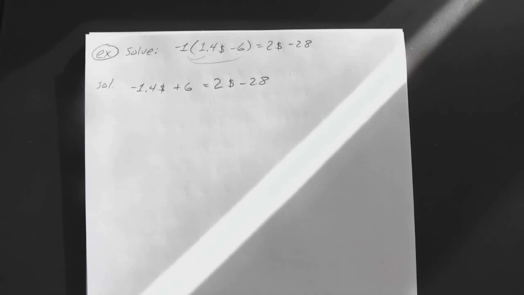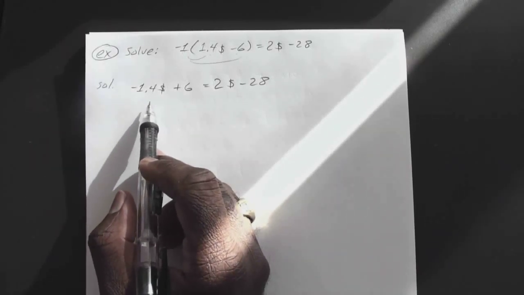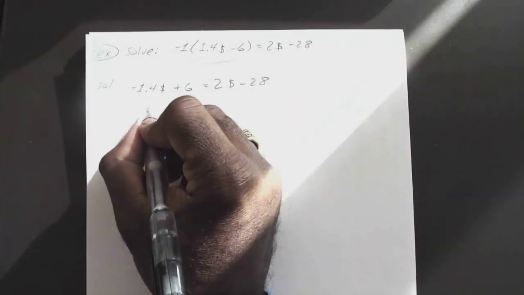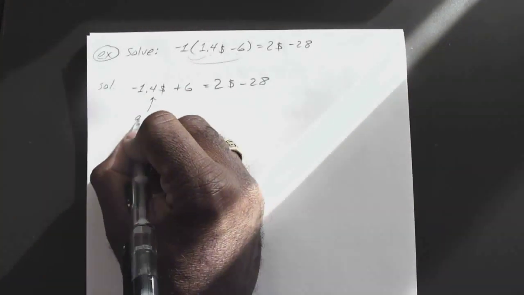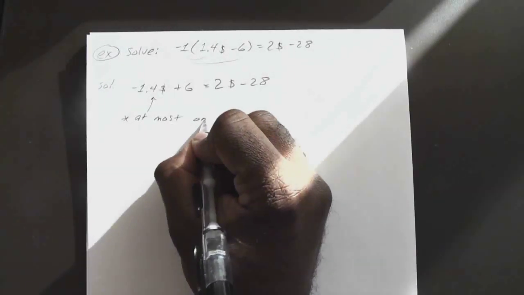Okay. Once again, the easiest way to deal with a decimal problem is to get rid of the decimals. So the highest number of decimal places you have is just one decimal place. The rest of those are whole numbers. So since you have just one decimal place, you multiply each term by 10. So at most, one decimal place.